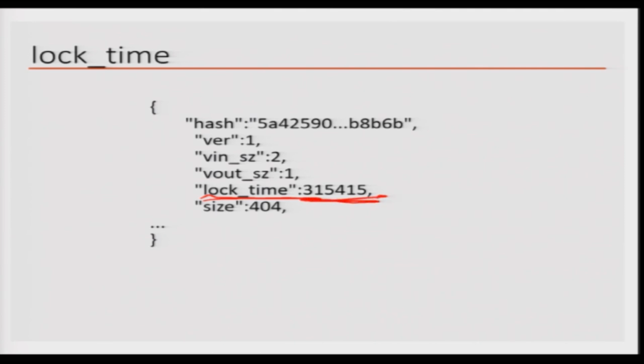So, it could be the timestamp of the blocks. This transaction will not validate until that particular timestamp has arrived or crossed, or if it is a block number, then until that particular block number has been mined. That is the idea of the lock time, and this is being used in these micropayment transactions.